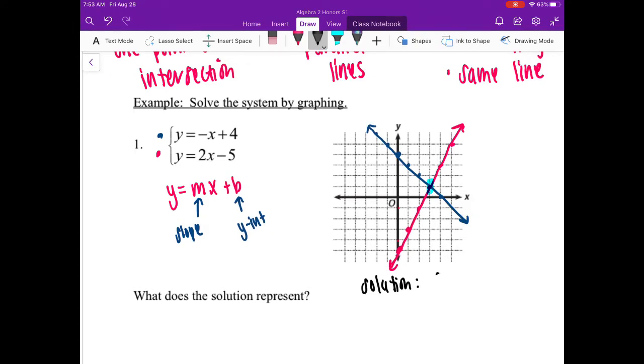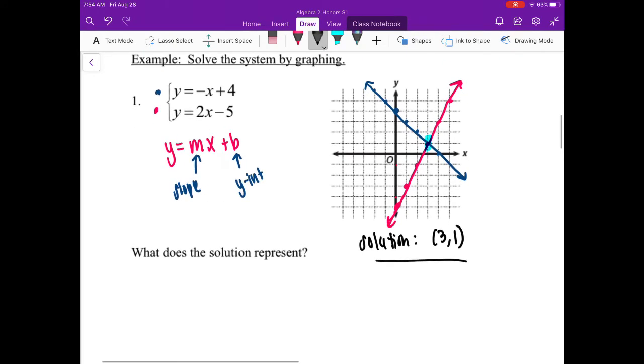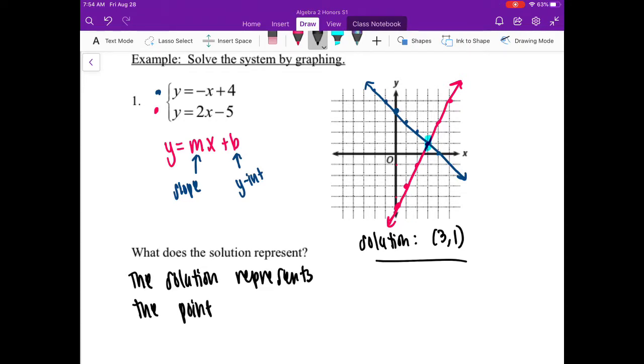So my solution is (3, 1). What does the solution represent? So the solution is going to represent your point of intersection. Right here.